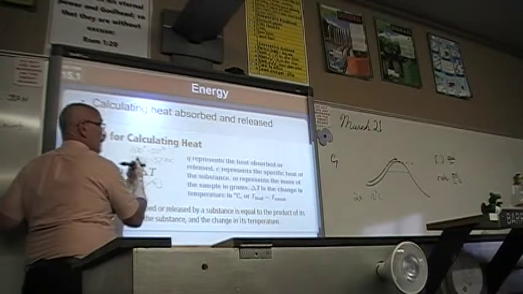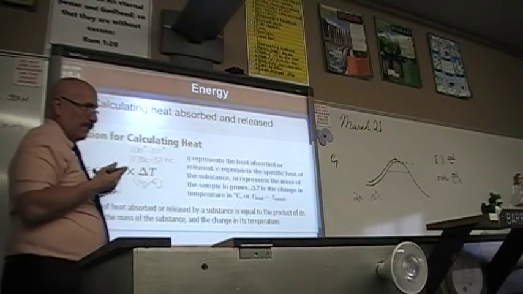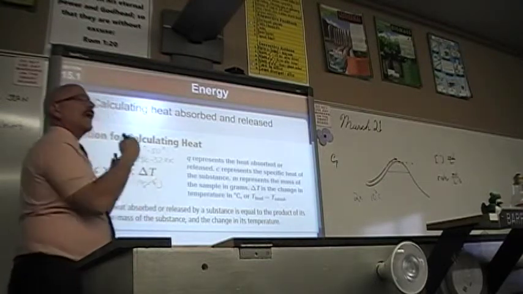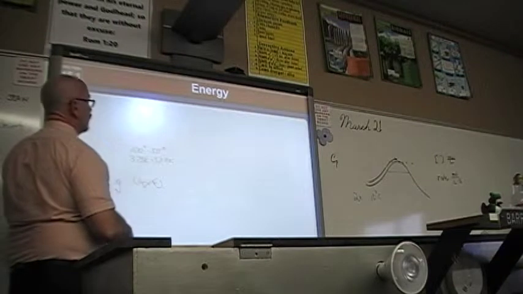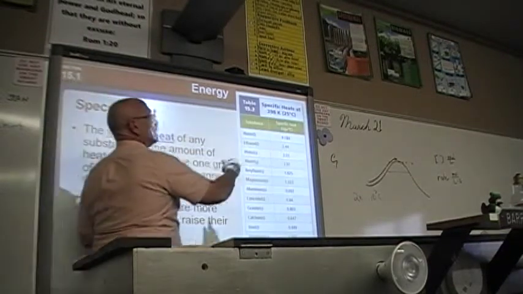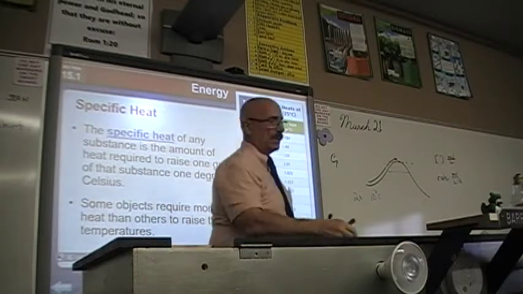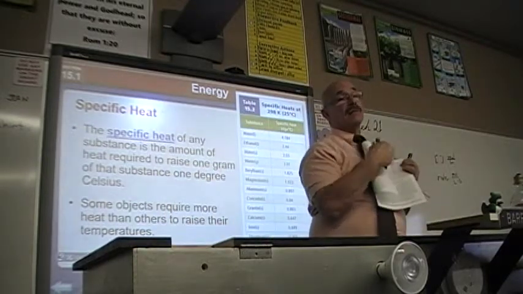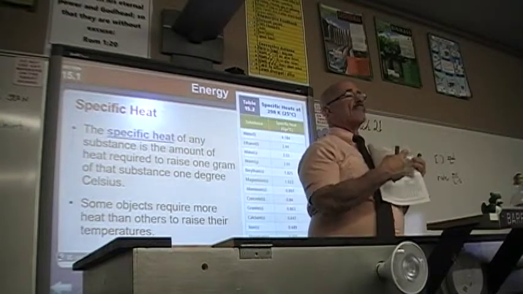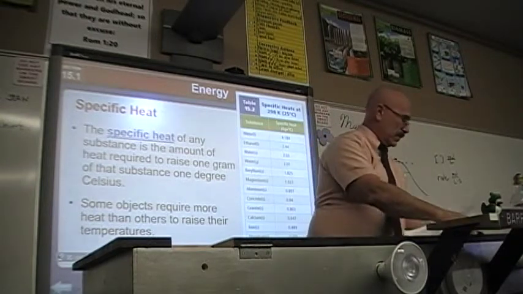Same. 50, okay? As long as this is a delta, I can do it in Kelvin or in Celsius. So the number that's given for water on the chart here is in Kelvin, joules per Kelvin, per gram.